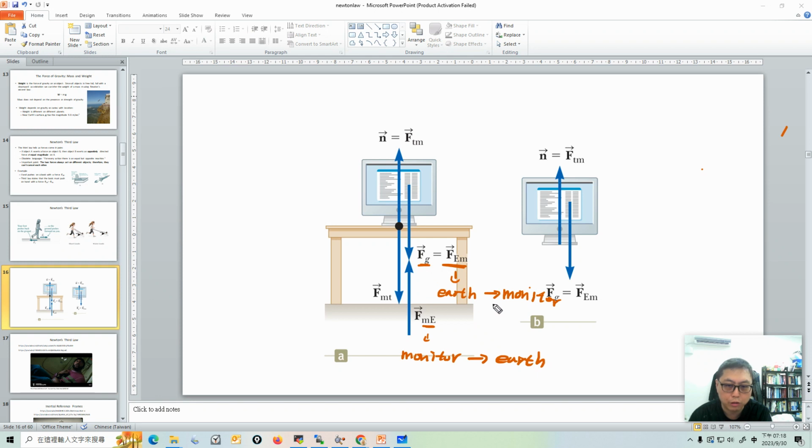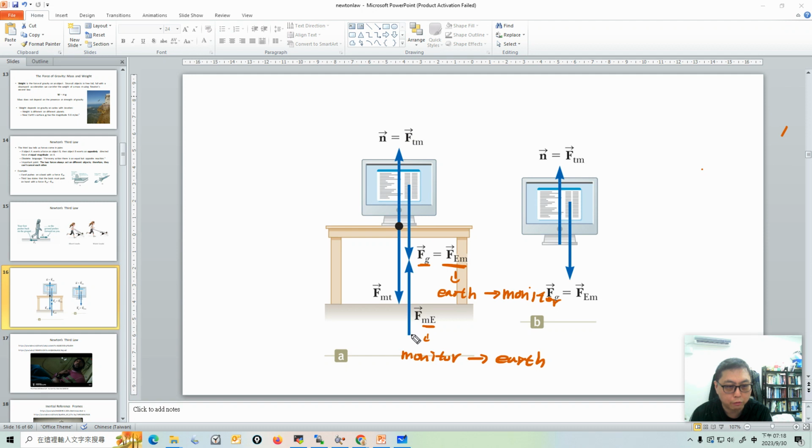The intuitive part is that your monitor sitting on the table has a weight, the Earth pulling the monitor down. But at the same time, the monitor also pulls the Earth in the opposite direction.